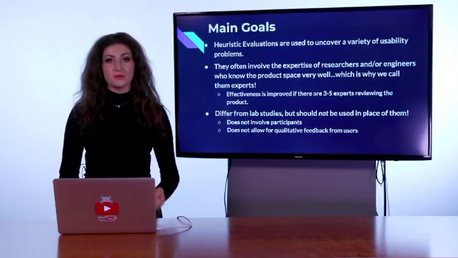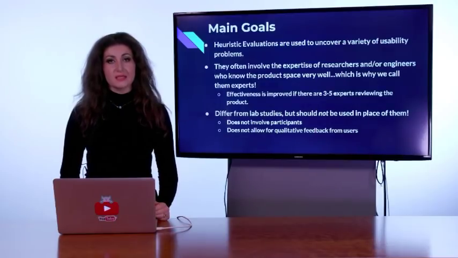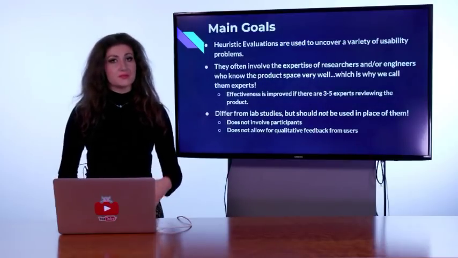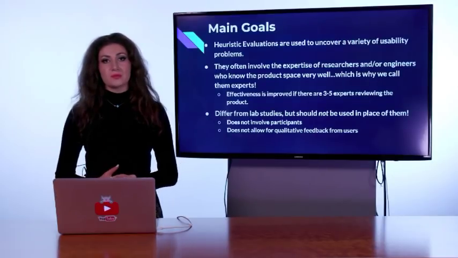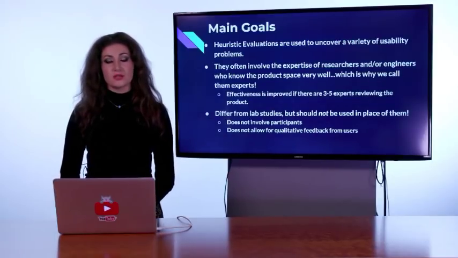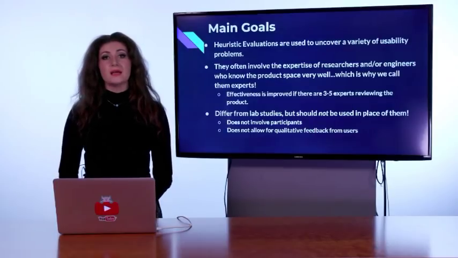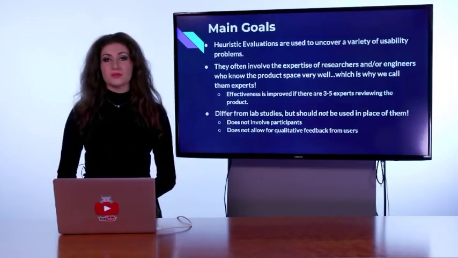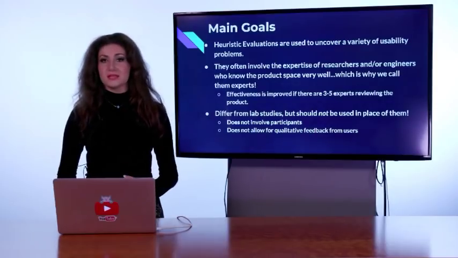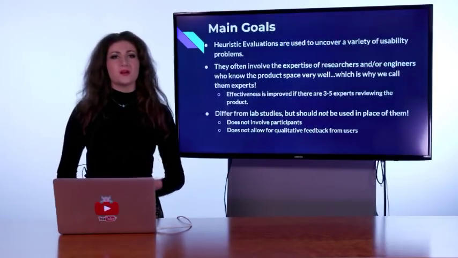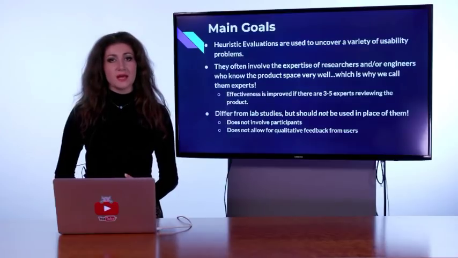If you think back to our previous lecture on usability studies, in a usability study you have one researcher with one participant for about an hour of time talking in depth about a particular product and various tasks that a user can complete on that product. During that study, the researcher is observing the user, counting the number of errors or mistakes they make, analyzing how long it takes them to complete a particular task.